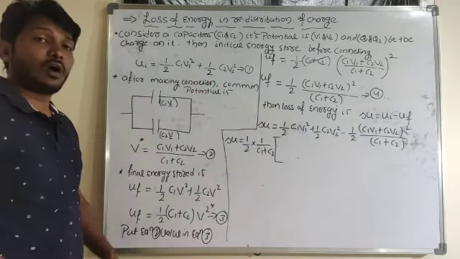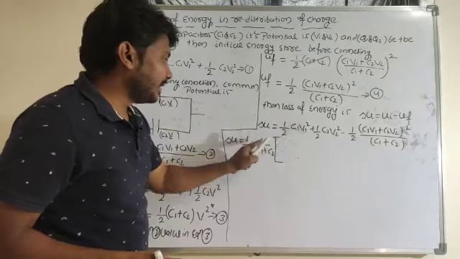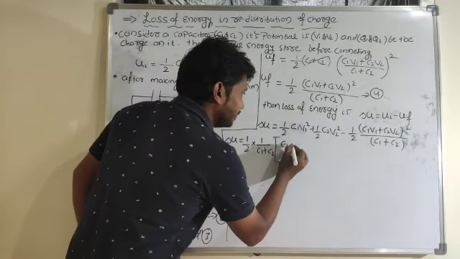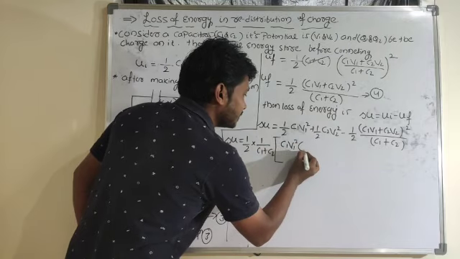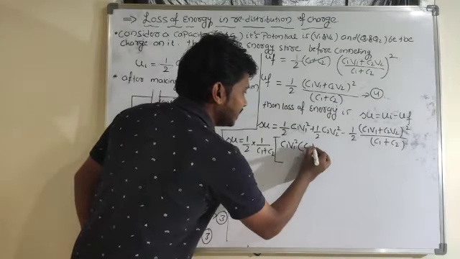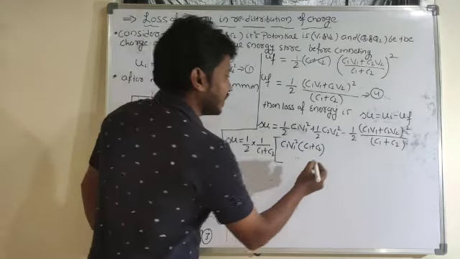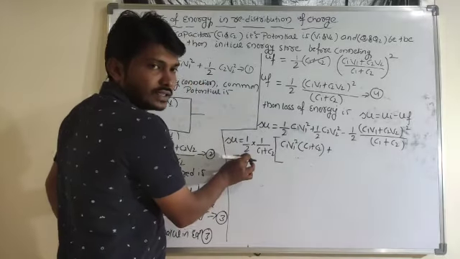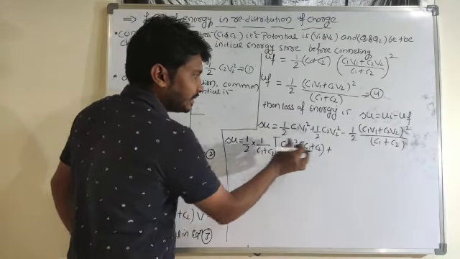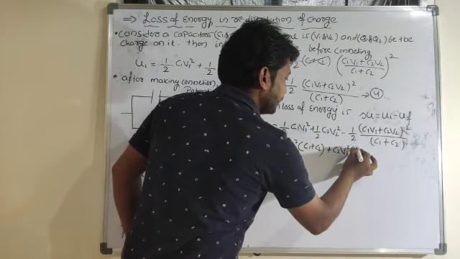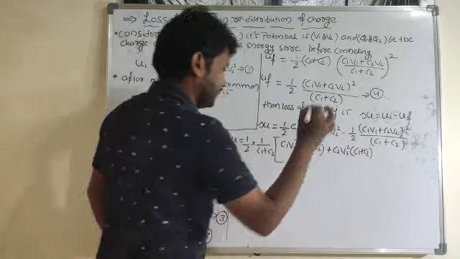I will take it as a common factor here. So if I take 1 by 2 (C1 plus C2) common, this equation becomes C1 into V1 square, in the denominator C1 plus C2 is there, and in the numerator I will write C1 plus C2 here. Similarly plus, half I took as common here, in the denominator C1 plus C2 is there, so in the numerator I need to write C1 plus C2 here.